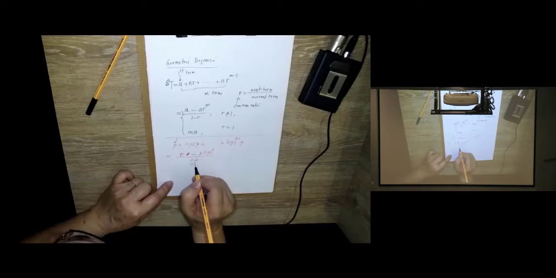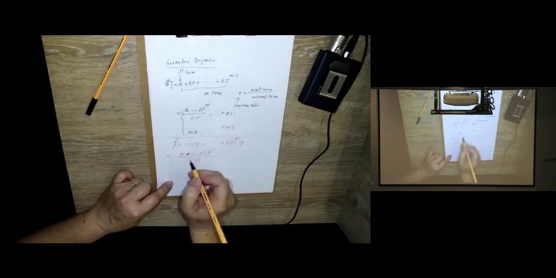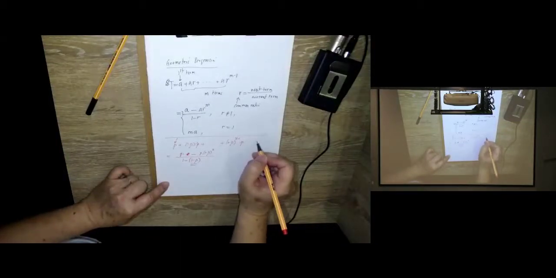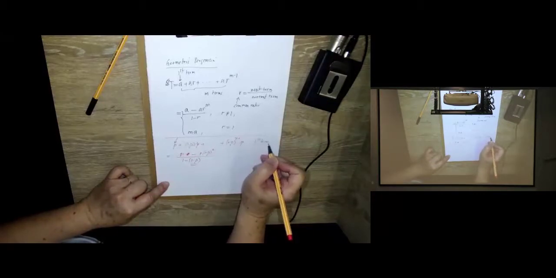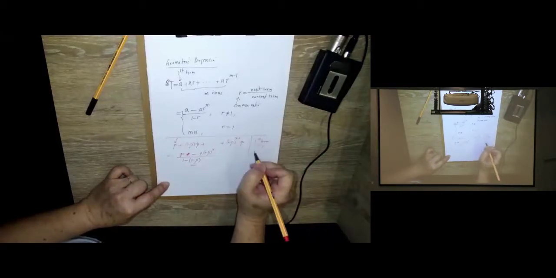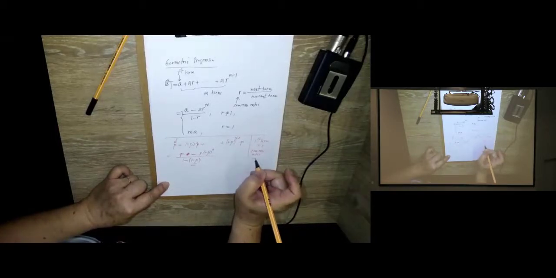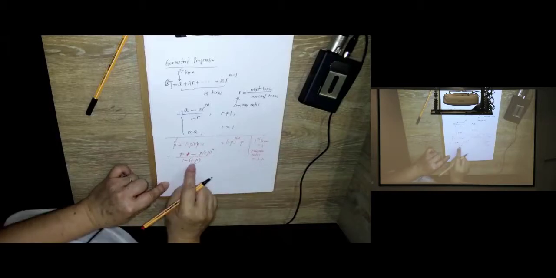All right? And so this is the common ratio. So according to the formula, it is 1 minus the common ratio. Is that okay? So first term equal to P, common ratio equal to 1 minus P. So I have to do 1 minus this.